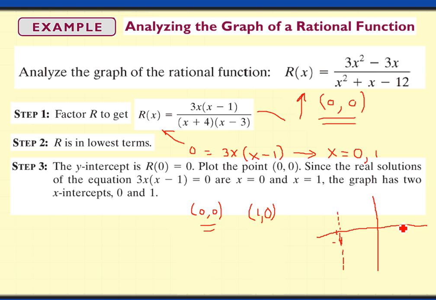And when x is +3, we also have a vertical asymptote because that causes the denominator to be 0. So this is where 3 is. And what did we say? We had 0, 0 is both a y-intercept and an x-intercept, and 1, 0, which would be roughly here, is an x-intercept.